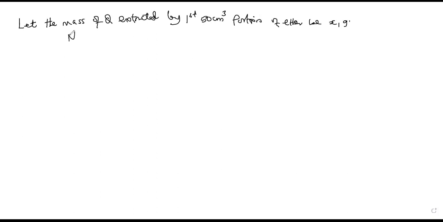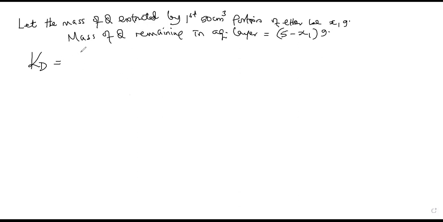It would mean that the mass of Q remaining in the aqueous layer would be, initially we had 5, so it would be 5 minus X1 grams. But we know that KD is equal to the concentration of Q in ether over the concentration of Q in water or aqueous layer.